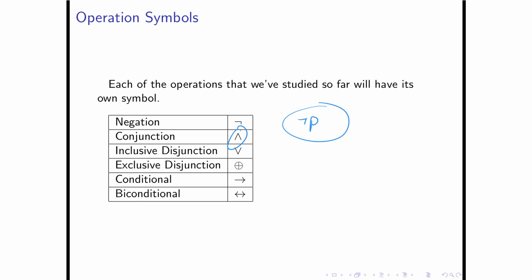Likewise, conjunction stands in place of "and." Disjunction, we've already talked about. Exclusive disjunction, and so on. You can use each of these to form a new proposition. And in fact, you can make increasingly complex new propositions by stacking the operators higher and higher.